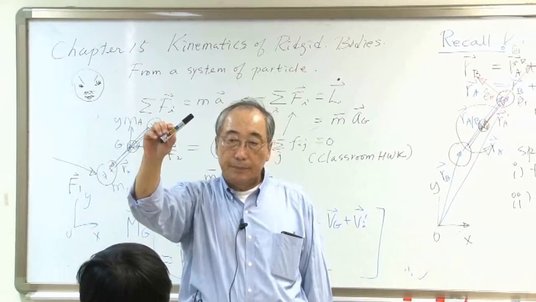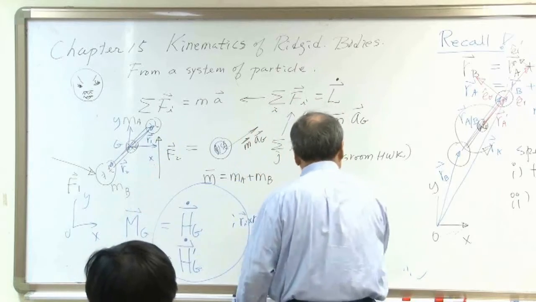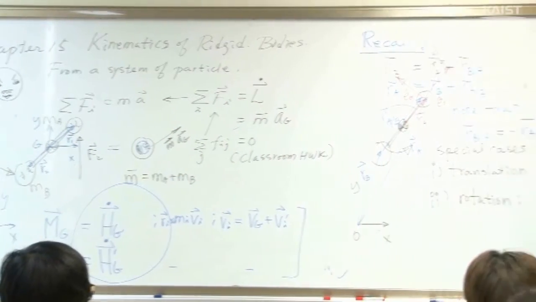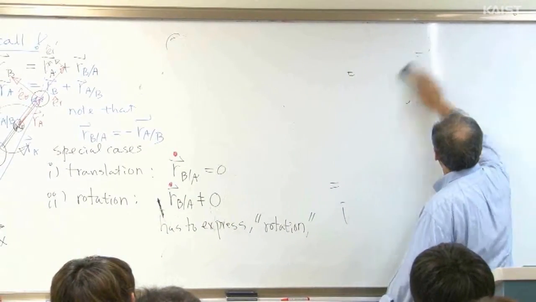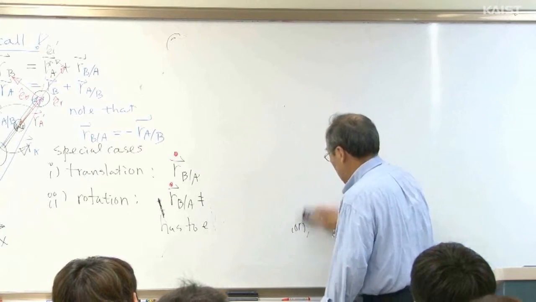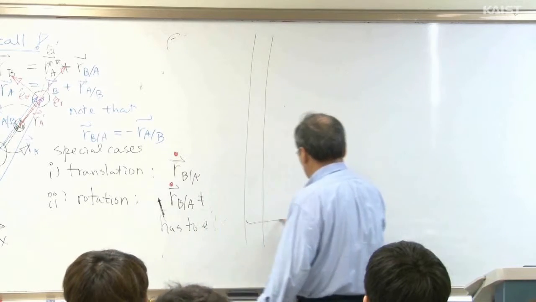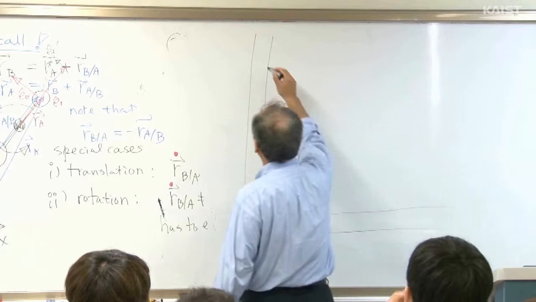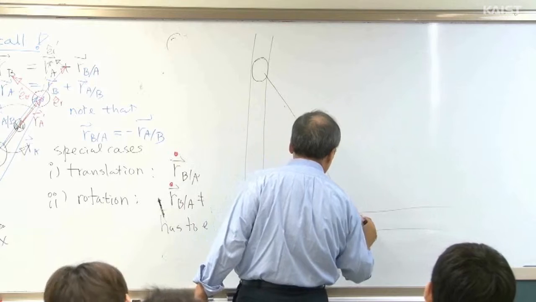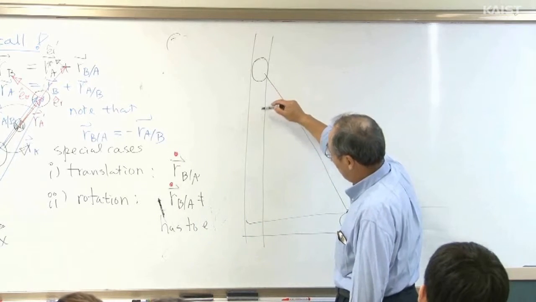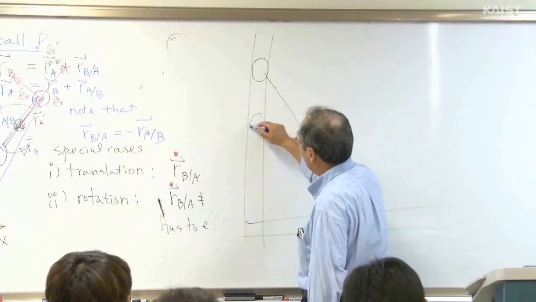Here is a bar, and the bar is rotating like that. Let me draw. Please concentrate. This is very important. I have two spheres, and this sphere moves down over here.